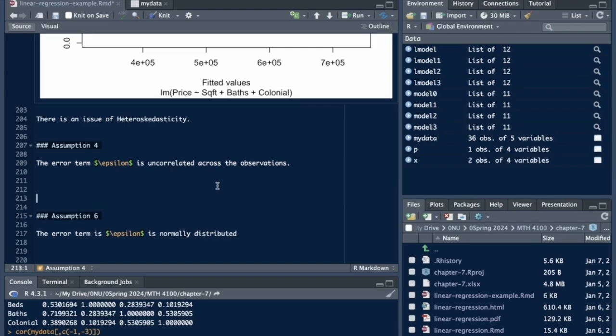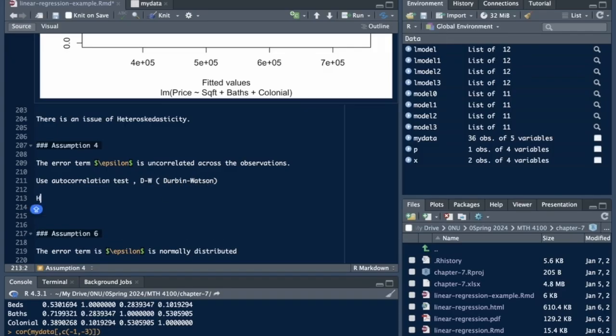What does this test tell you? It is an autocorrelation test, Durbin-Watson. What is the hypothesis testing here? The null hypothesis for this test is that rho, which is the autocorrelation, is 0. What does this mean? That there is no autocorrelation.